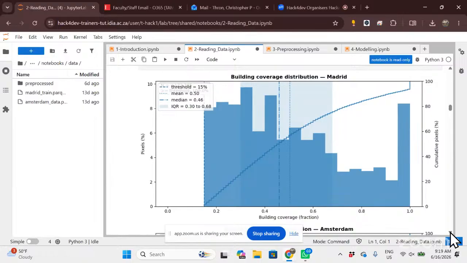One of the things I try to emphasize to my students is it's very important to be able to understand graphs, and you can understand graphs just from the numbers that are on them. Here you can see that this X scale is from 0 to 1, so 1 should mean total coverage, 0 means no coverage. And then here you have percentage of pixels.